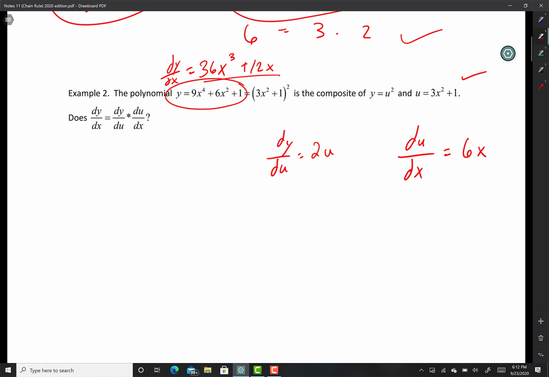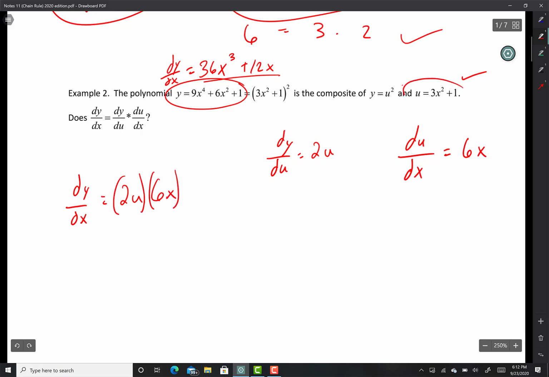So at first glance, you're thinking, well, it doesn't look like dy dx is equal to this expression, but it is. Notice that u is equal to 3x squared plus 1. So I can rewrite it as 3x squared plus 1 times 6x.